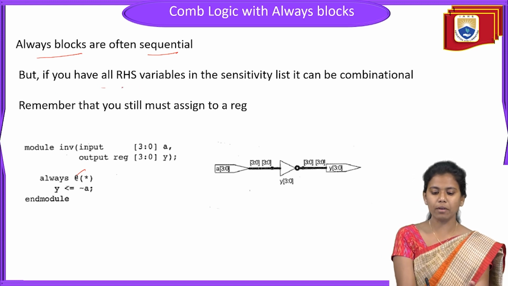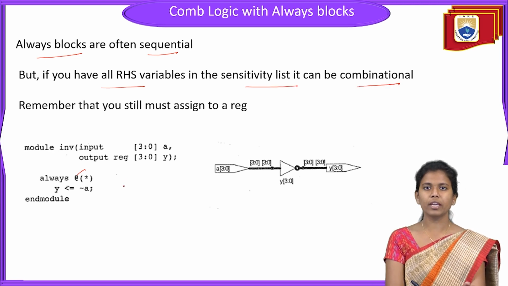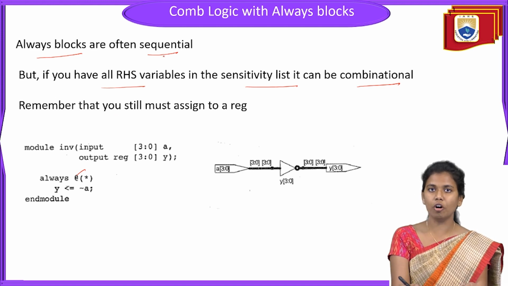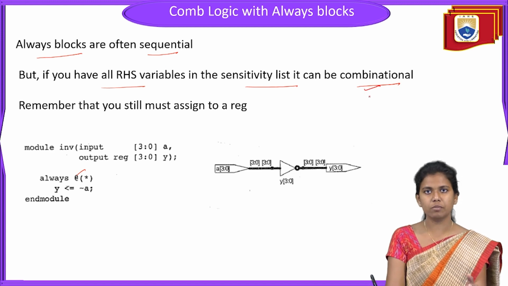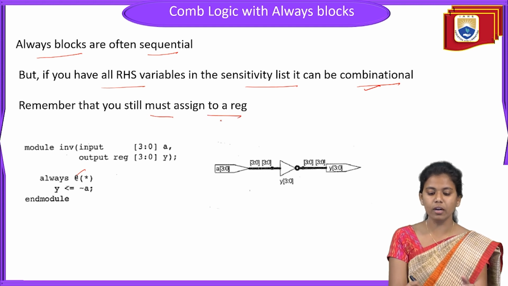But if you have all RHS variables in the sensitivity list, it can be combinational. So here, as I said, always blocks are often sequential, but they can also be combinational as well. Okay, and remember that you still must assign to a register.